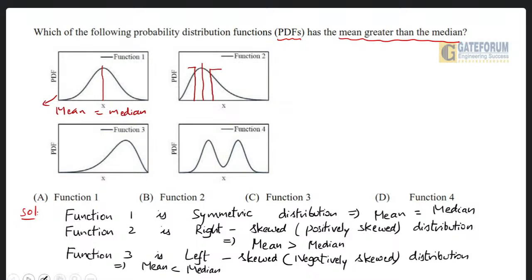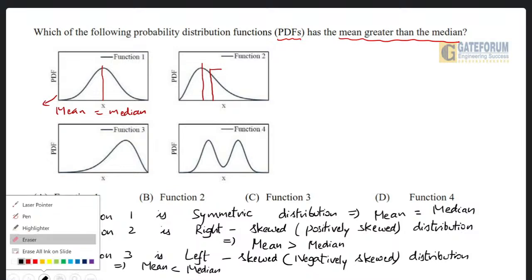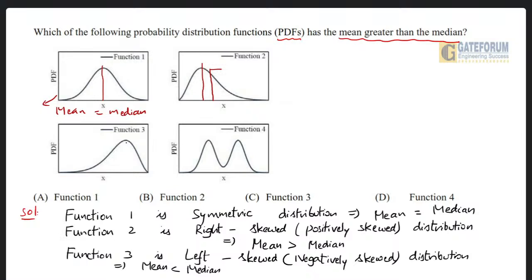Okay, not required to write mode, they didn't ask mode. So in this case, this is mean corresponding to this x value, and this is median. Okay. So these are x values, mean greater than median.